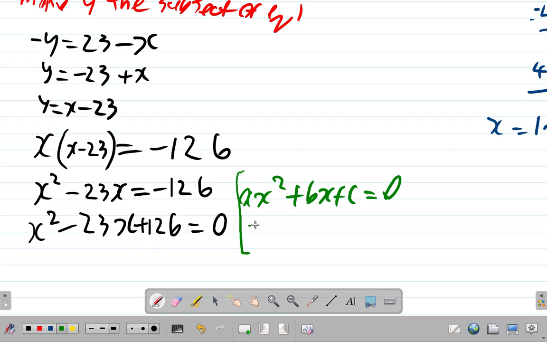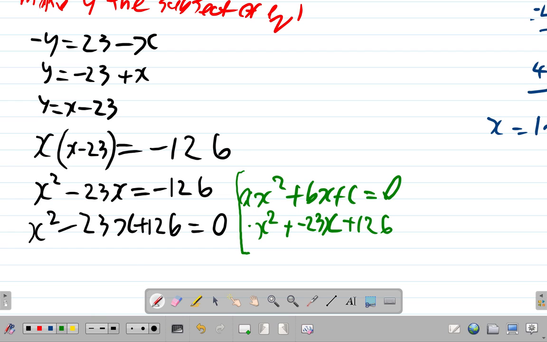It's x squared, then you have minus, let's put plus negative 23x, because minus 23x is the same as plus negative 23x. The general form already has a plus bx, so let's put everything here as plus 126.